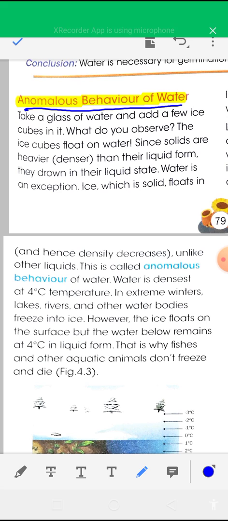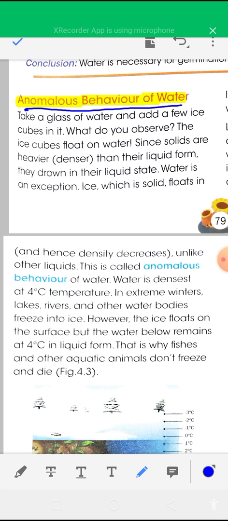But in the case of water, the opposite is observed.